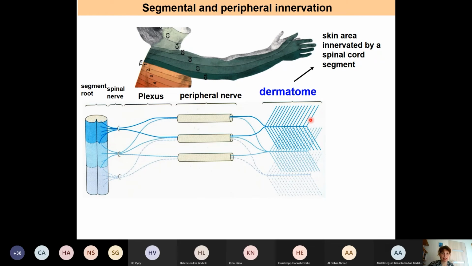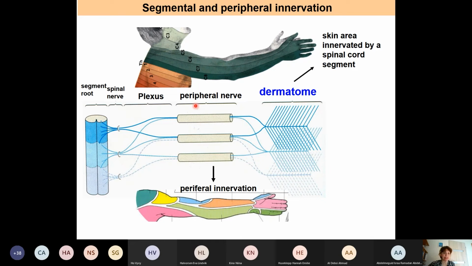That means a skin area which is innervated by one segment, and you can see that they overlap with each other. But if you compare it with the peripheral innervation, so if you take a peripheral nerve, for example, the radial nerve, you will see that the skin innervation will be different, because in a peripheral nerve you have fibers coming from more segments, and one dermatome gets also fibers from more peripheral nerves.